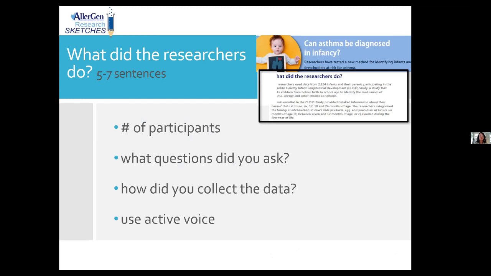If you do and it's too long, then the reader will lose interest. But it is important to let the reader know the main points about how the research was carried out so that they'll really appreciate the results and the meaning of the results. And this section could also be around 5 to 7 sentences long, but typically it's shorter than the earlier section, "What is this research about?"